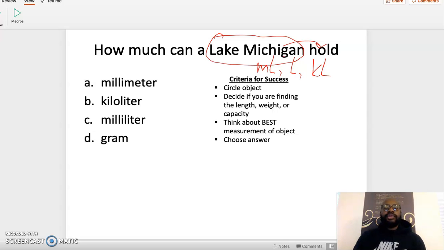And then kiloliter would be like those kiddie pools. So looking at these choices, I'm going to cross out millimeter. Millimeter is not the same as liter. Meter means how long something is. Liter is the capacity. So I'm going to get rid of that. Kiloliter, milliliter, and I'm going to get rid of gram because gram is the weight, how heavy something is. If I'm thinking about Lake Michigan, which is huge, I already know I'm going to get rid of milliliter because I'm not going to think about that in terms of spoonfuls. That's definitely kiloliter.